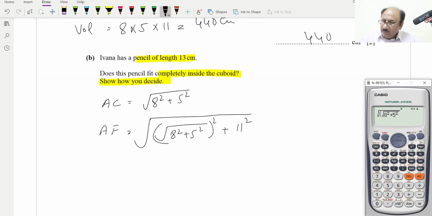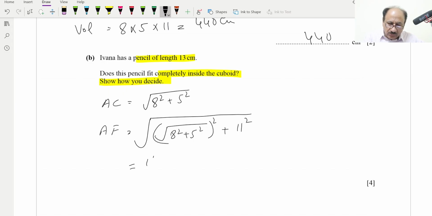We are done, and we can take this one as square, plus 11 squared, and this will be equal to 14.49.